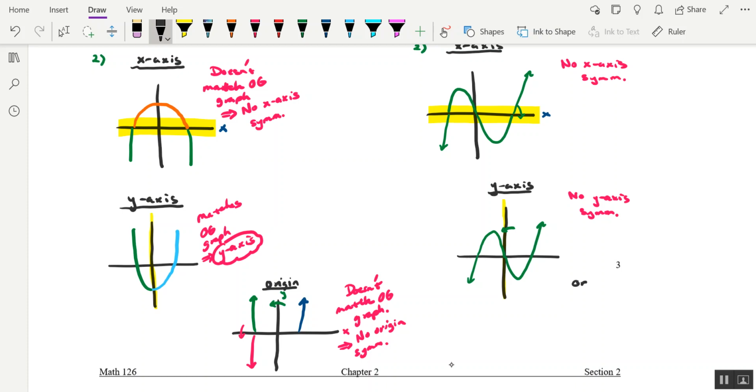Well, let's examine whether or not it has origin symmetry. Remember, there are two reflections that you have to do. The first one is across the y-axis, and then after that is across the x-axis. So if we take that hill that's in quadrant 1 and reflect it across the y-axis, as we saw in that last part, we get a hill in quadrant 2, but we're not finished.